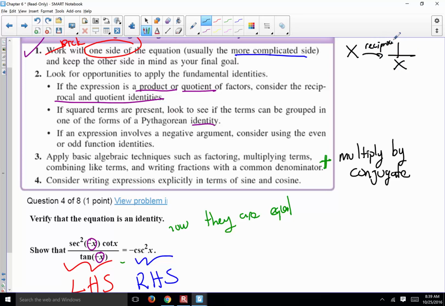Conjugate happens for binomials, or 2 items, like x minus 3. What is the conjugate of x minus 3, for example? x and 3 with a plus. What is the conjugate of x plus 3? x minus 3. What is the conjugate of cosine x minus sine x, for example?